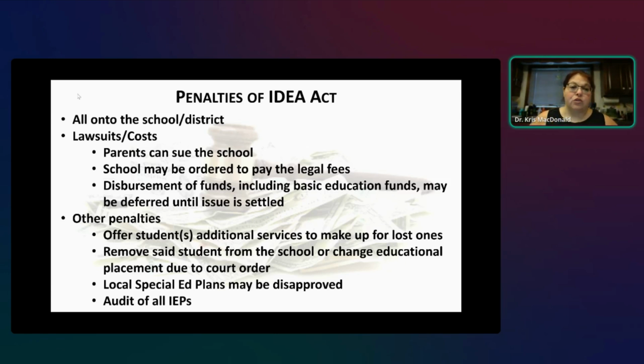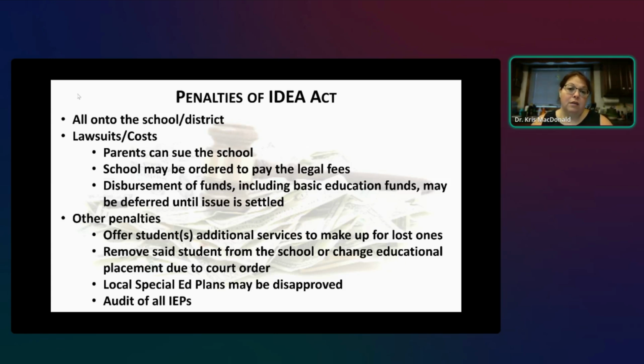So, for example, if a student didn't get what they needed and they're failing fourth grade, rather than being held back or anything like that, the school may have that student get all of the services they needed over the summer to fix things and then move on. And again, I'm speaking in huge hypotheticals of what could be done.